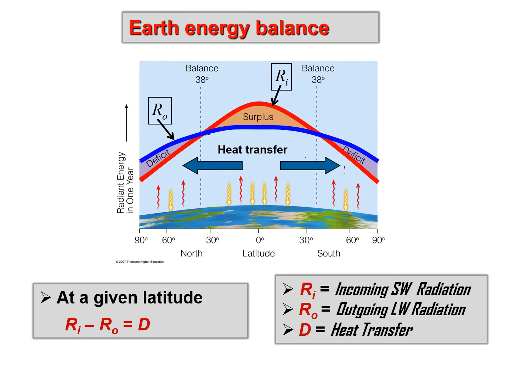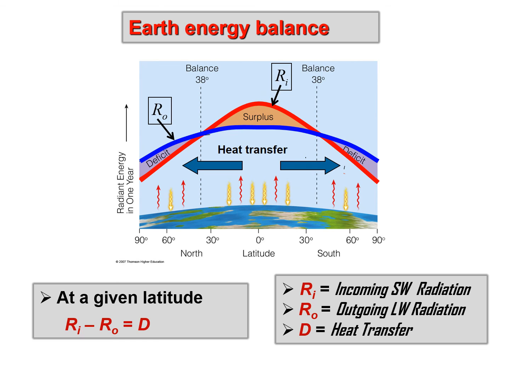Here, we calculate the Earth's temperature by radiative equilibrium. Incoming solar radiation is equal to outgoing radiation, right? However, at different latitudes, the net radiation is not zero, not radiative equilibrium.